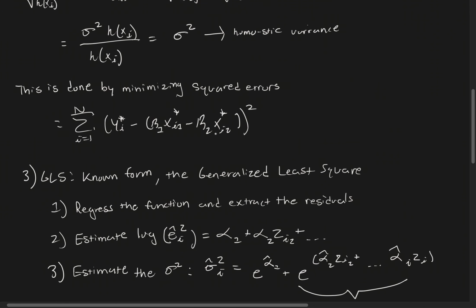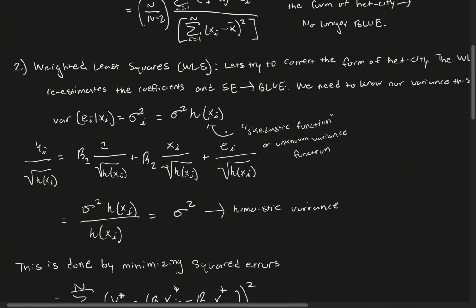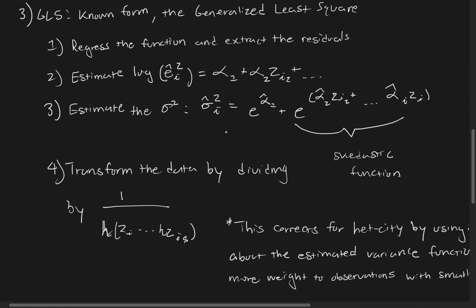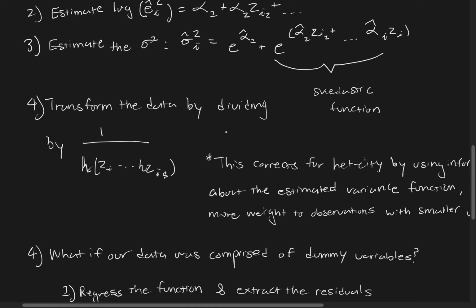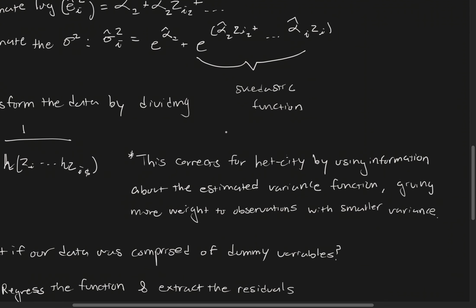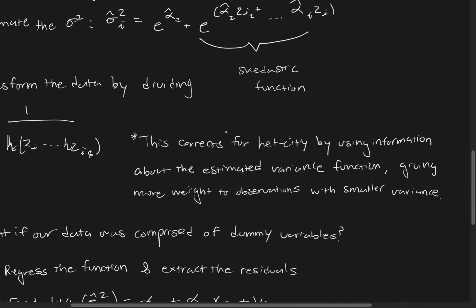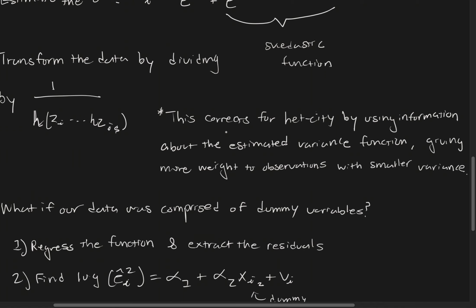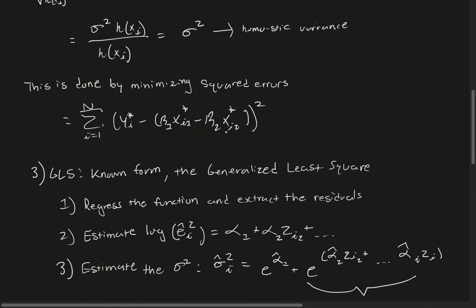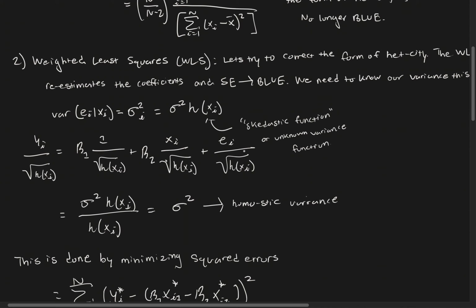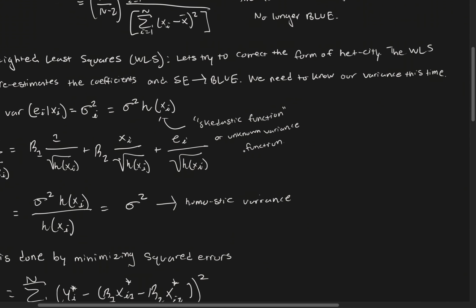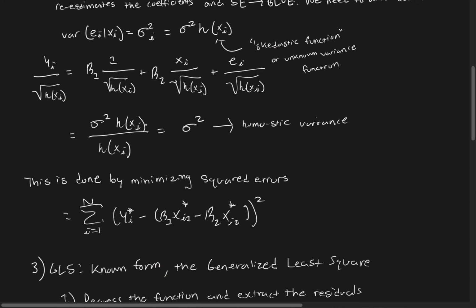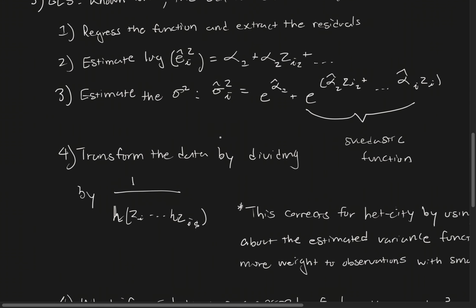This might be a little confusing considering that it looks pretty similar to the WLS, except we're kind of going backwards. This is pretty similar to the WLS, but this is when we know our variance function.